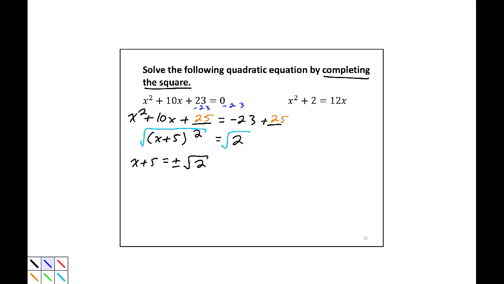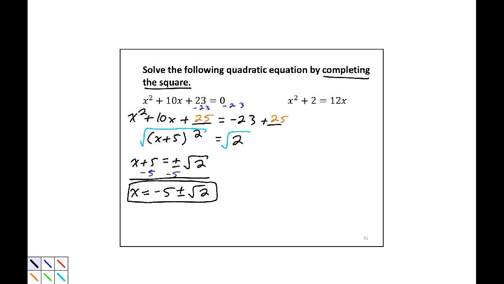Last thing we need to do is subtract 5 from both sides so that this is x equals negative 5 plus or minus root 2. Now remember, there are two solutions wrapped up in there, the plus and the minus square root of 2.